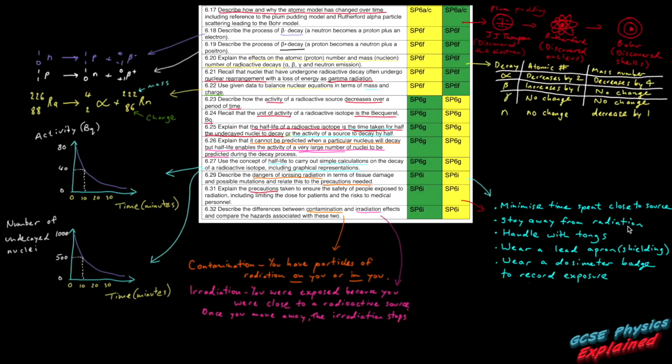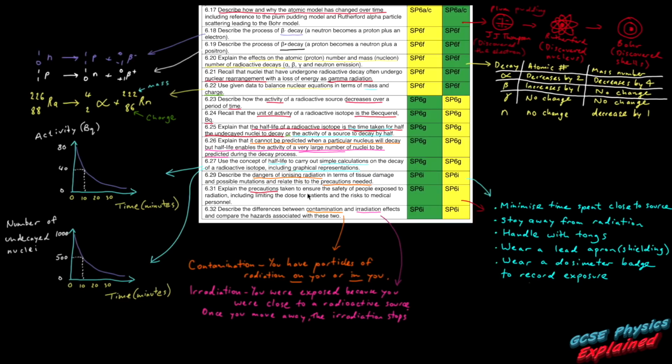Stay away from it as much as you can. Handle it with tongs. Wear a lead apron or shielding behind some lead glass or something like that. Wear a dosimeter badge to record your exposure. So they are all good ways of decreasing your exposure.